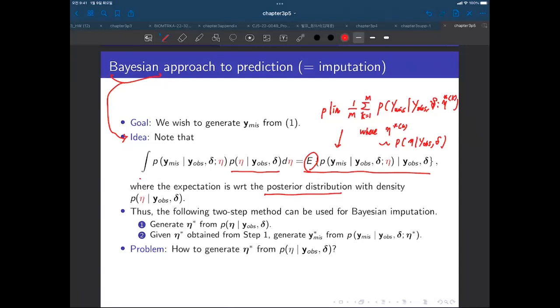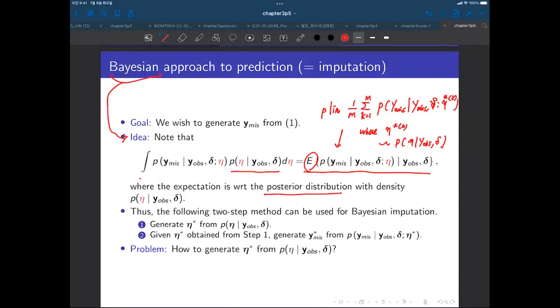So this is a sample mean, and this is a population mean. The sample is generated from this distribution, which is the posterior distribution.